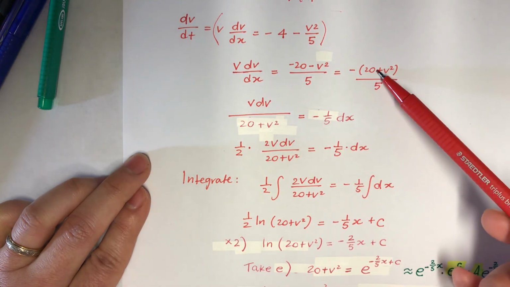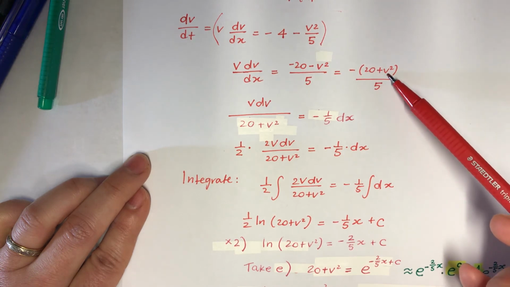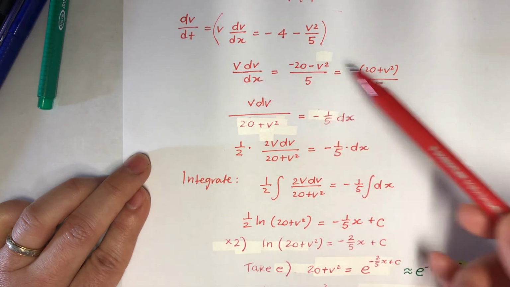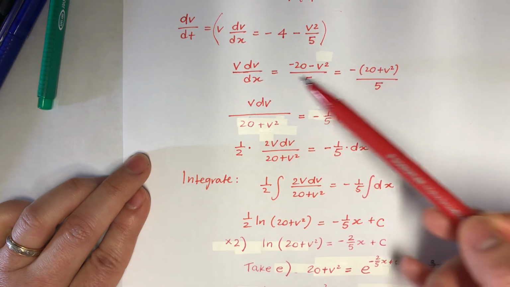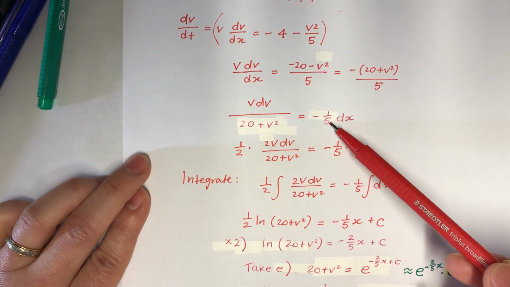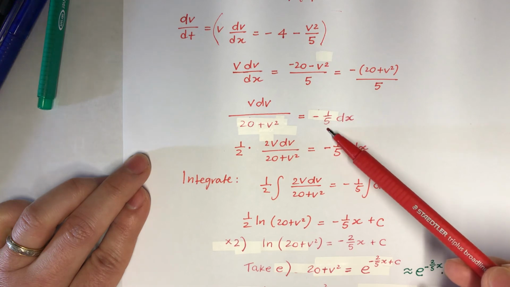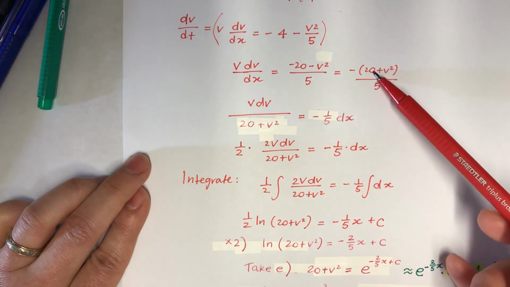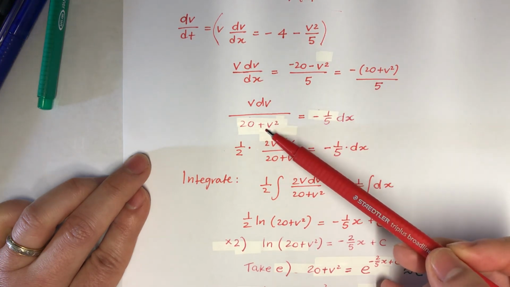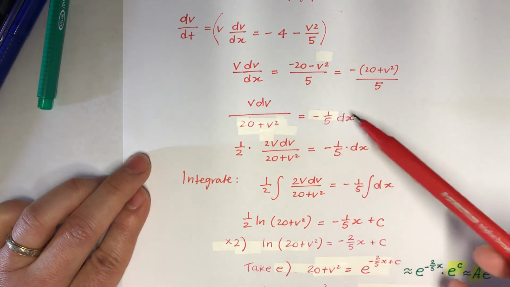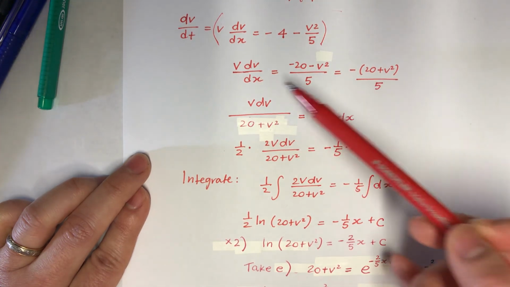So what happens here is I moved the 20 plus v squared and swapped it around. On the right hand side I still have minus 1 over 5, and I moved the 20 plus v squared to here, and then I moved the dx to the other side. Can you see what I've done here?